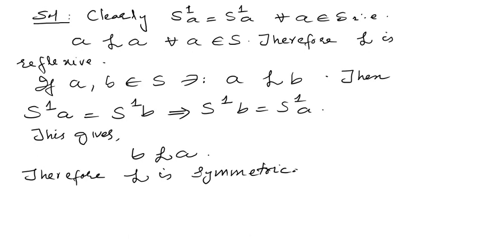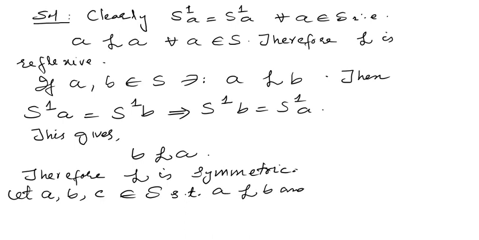Finally we choose three elements, and we'll see that this relation is also transitive. Now we have three elements a, b, c in S such that a is L related to b and b is L related to c.